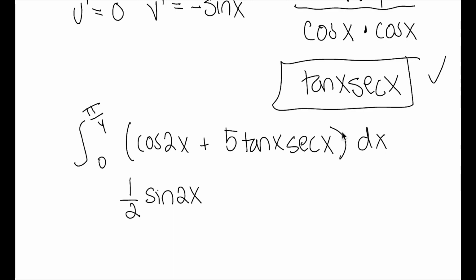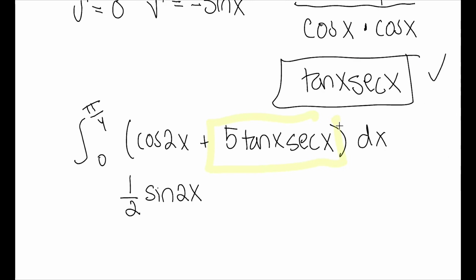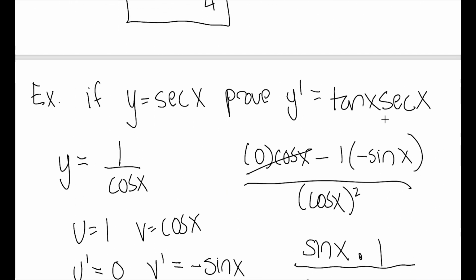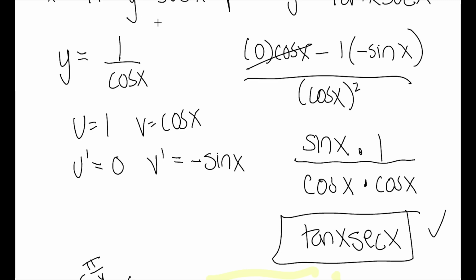So here is where part A helps us. If the derivative is tan x times secant x, then that integrates to secant x. So they gave us the integral for tan x secant x by having us work from the original equation to the derivative. Now we're going backwards.